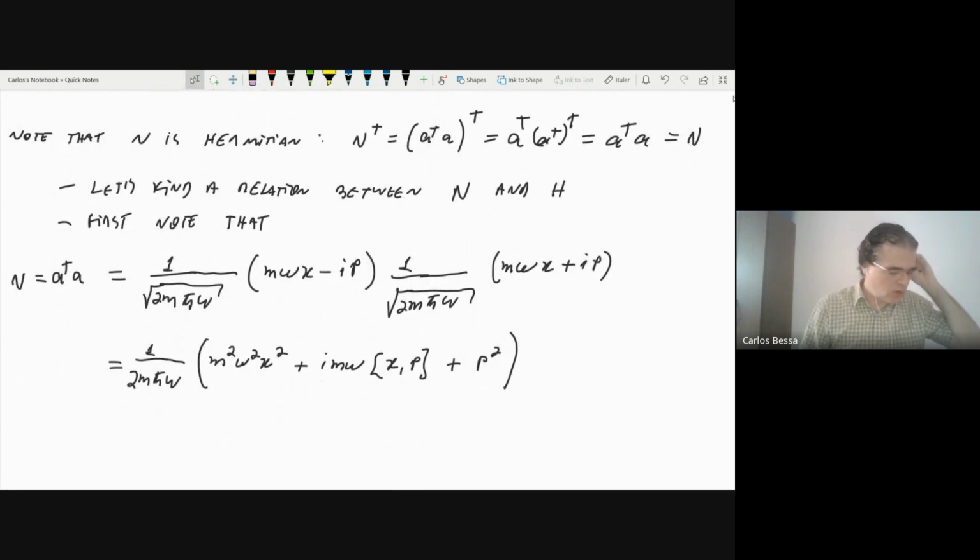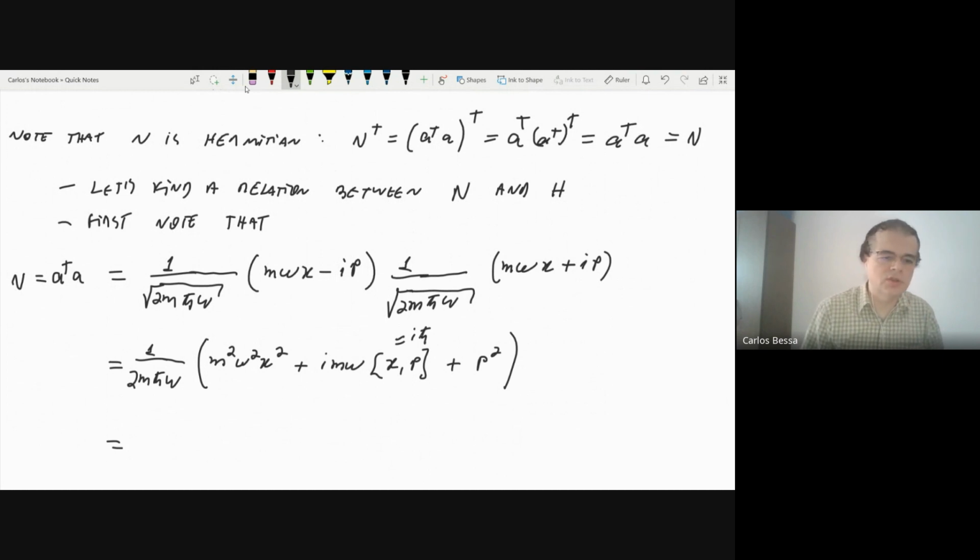So we can develop this, and it's easy to see that it's just h bar omega. We need to use this here. Okay, let's see one more step. This is IH bar.